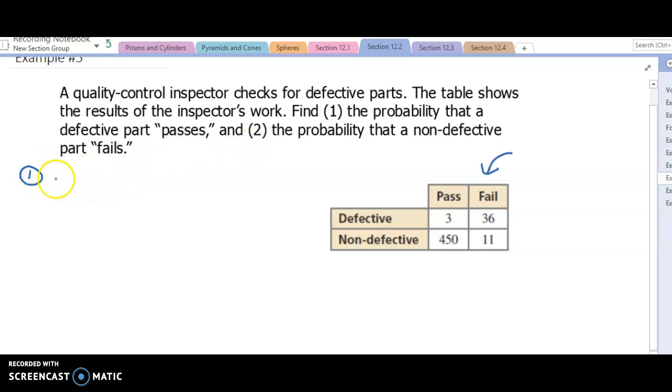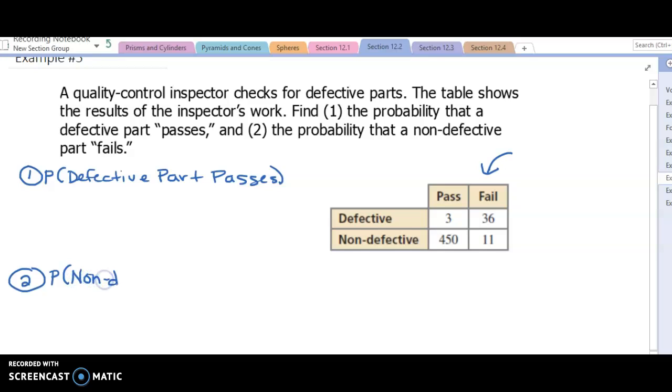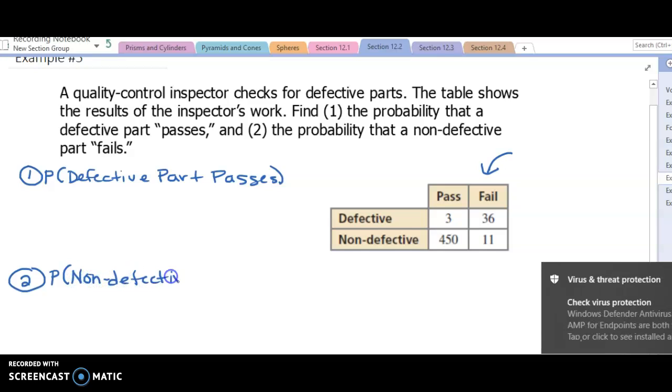One, we want to find the probability that a defective part passes. And part 2 is the probability that a non-defective part fails.